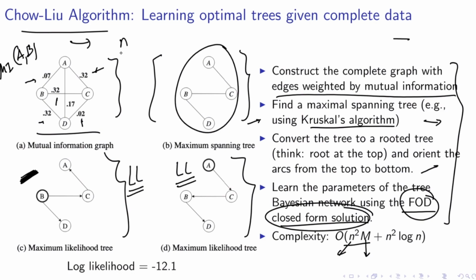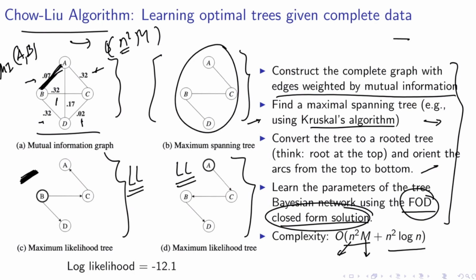So if n is the number of variables, then the complete graph will have O of n square edges. Okay, and in order to compute the statistics required for computing the weight on the edge, I'll have to go through the data. I'll have to go through each example at least once. Okay, so that's why the complexity will be O of n square m at least.